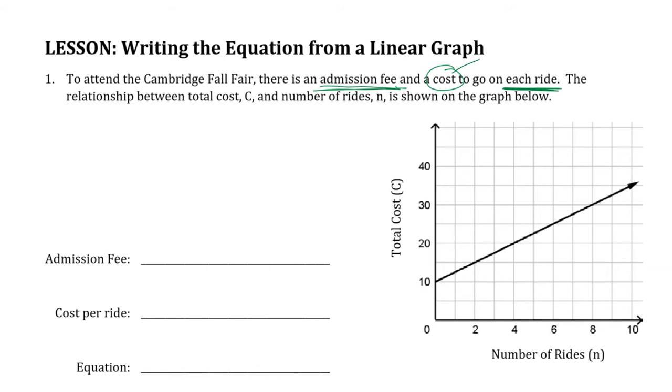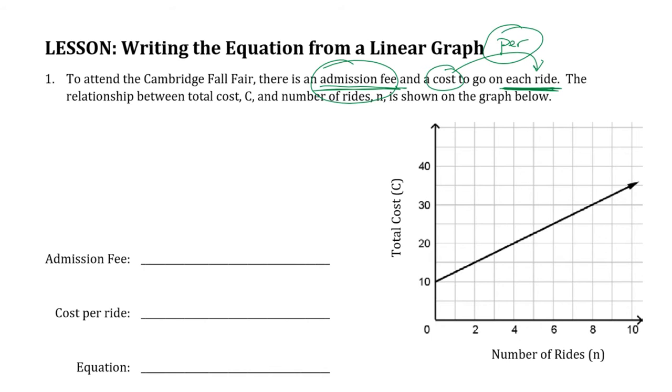That's a cost per ride, right? Each ride, per ride. So there's a one-time cost that you pay at the very beginning, and then there's a cost for each ride. And what does that already start to sound like? I hope it sounds like a linear relation, because a linear relation is all about where does it start and what is the change.